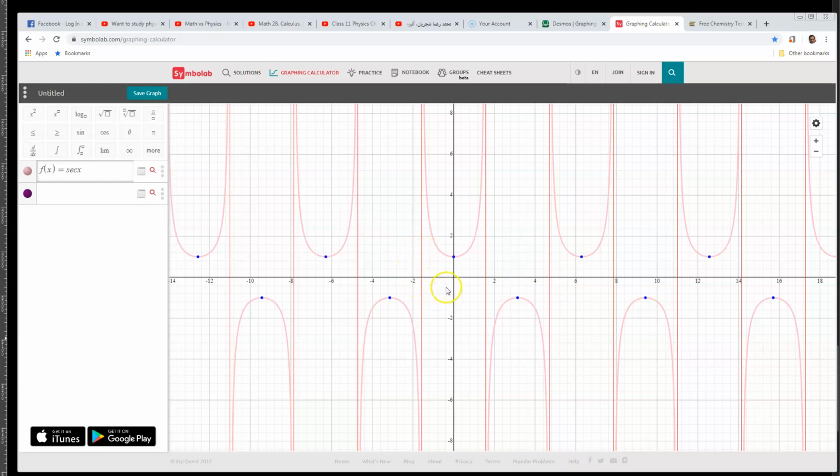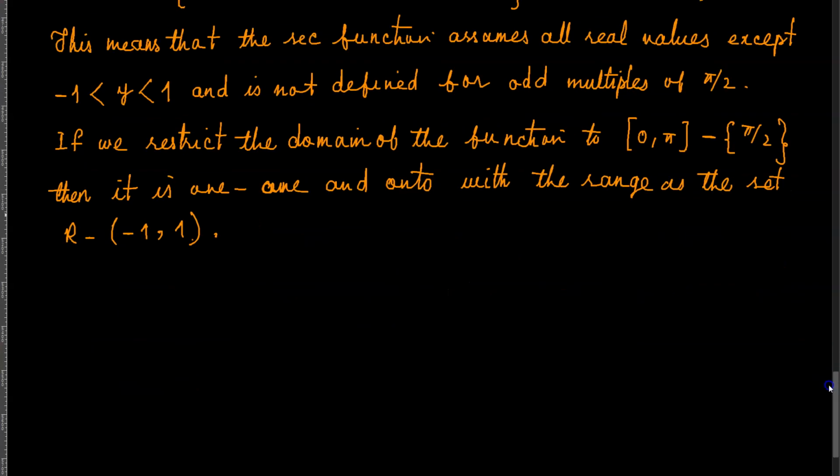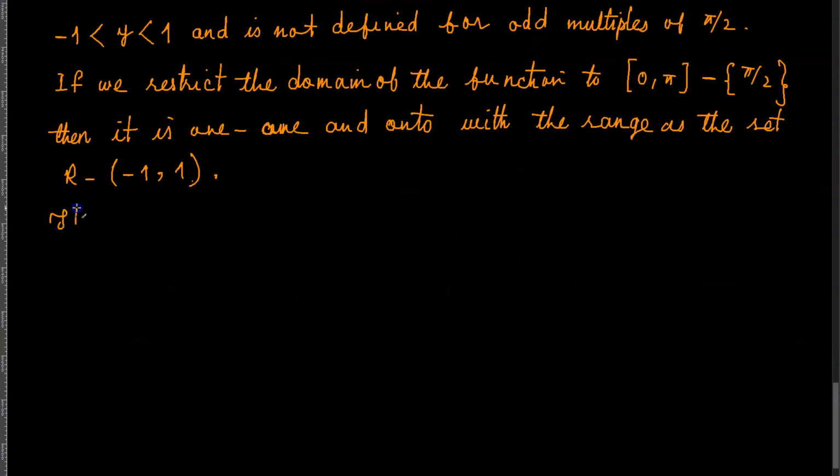Meaning that for any of these domains that you take, the secant function is going to be bijective, and its range is going to be the same range, meaning that R minus the open interval negative 1 to 1, right? So that's the secant inverse function.